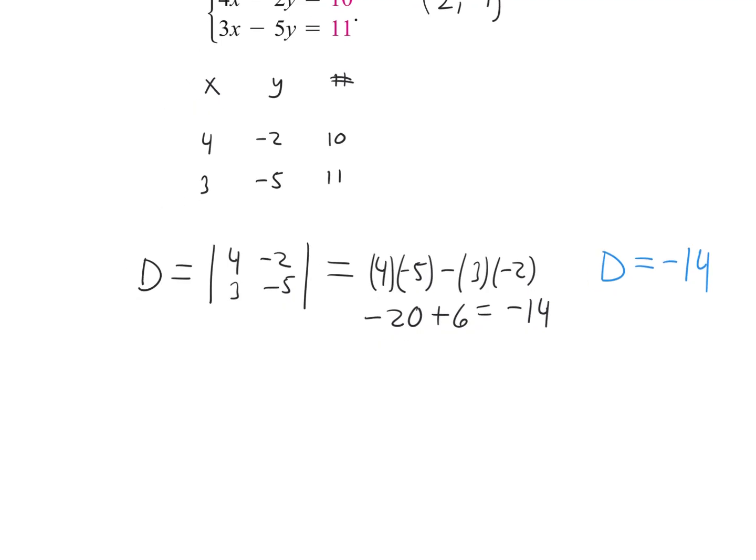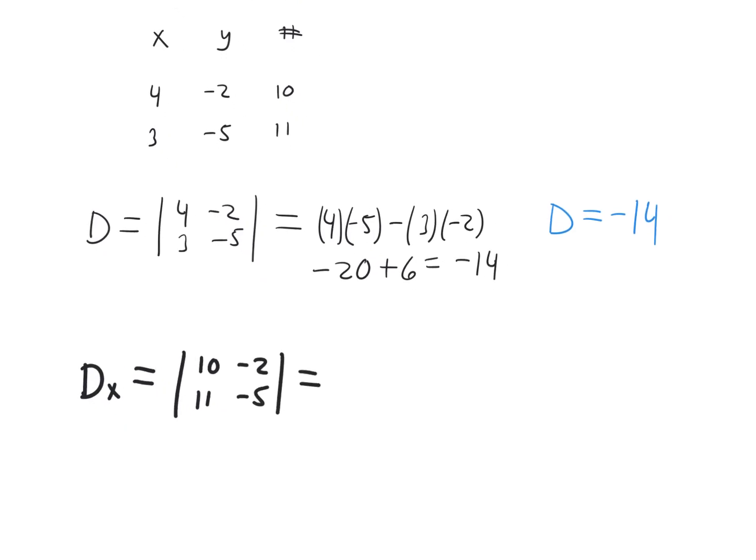All right, now I'm going to find Dx. And to do that, you're still going to find a determinant. You're just going to replace the x column with the numbers, right? The numbers that it's equal to, so 10 and 11. And then we're going to have a -2 and a -5 as normal. All right, so find that determinant. Let me know what you get. Oh, with the x, these 4 and 3 originally belong to the x.